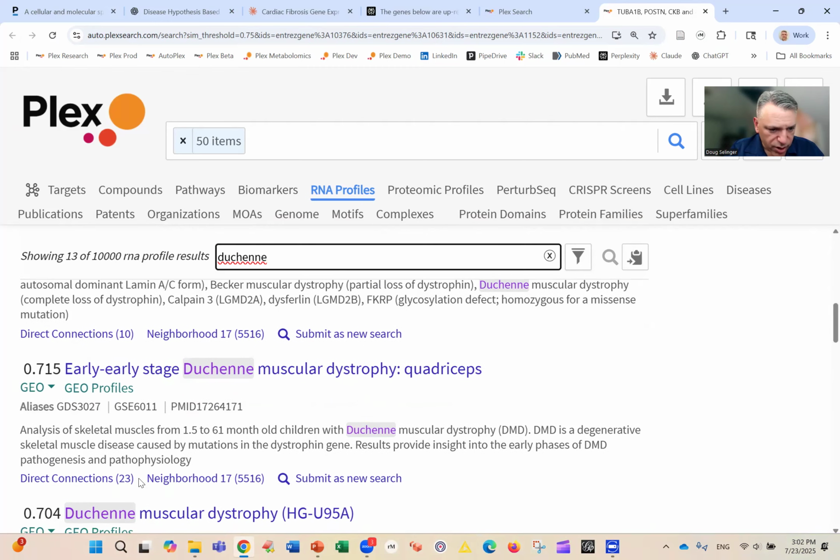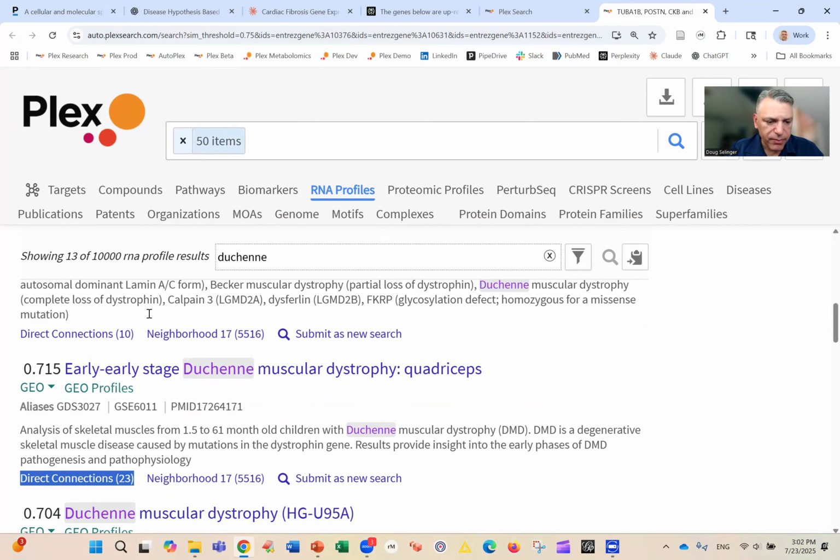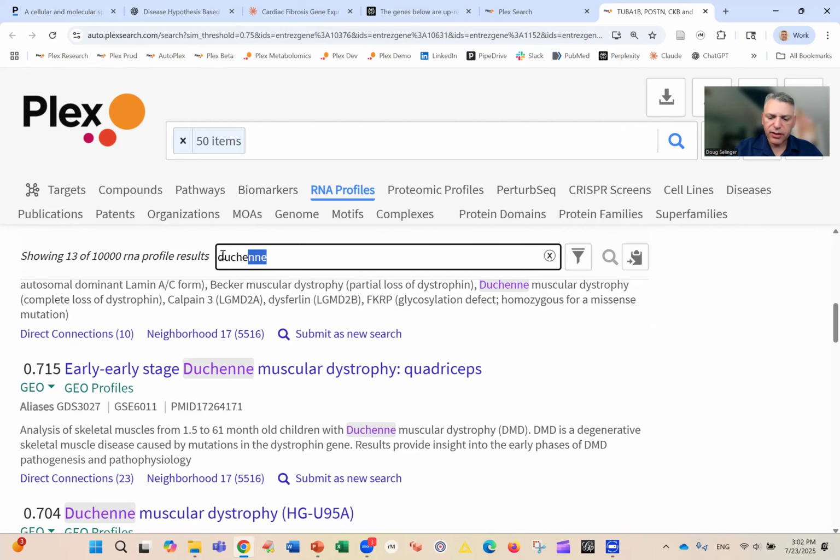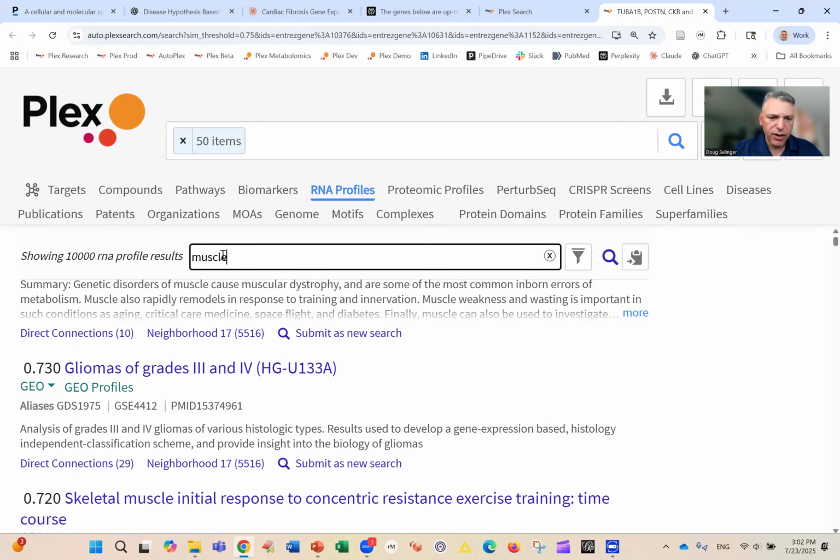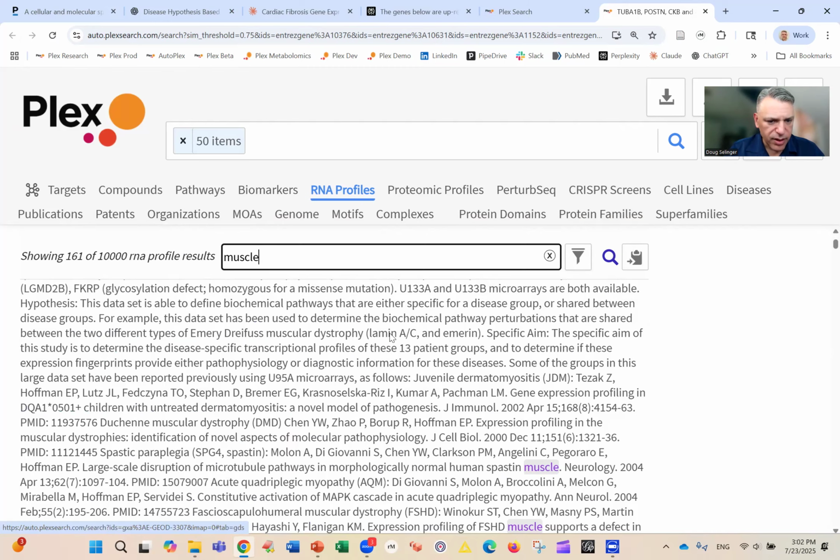We can see here as well that, for example, in this study there are 23 genes that were in our 50 gene signature that are also modulated in this DMD study here, right? So that's why this ranks so highly. Very similar gene signature, almost half of the genes that we put in are differentially expressed in this particular DMD study, right? Actually, if instead of Duchenne we filter for muscle, you see there's even another study.